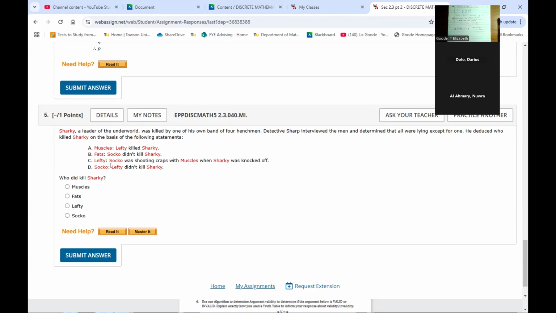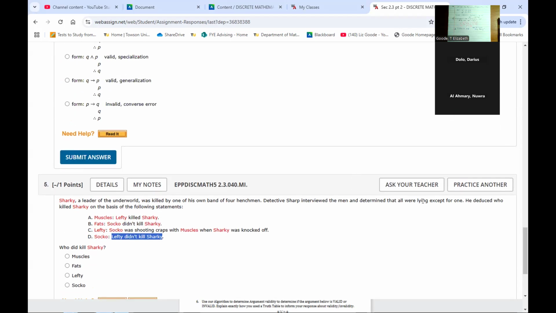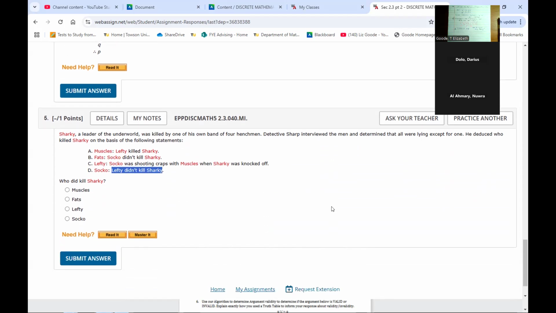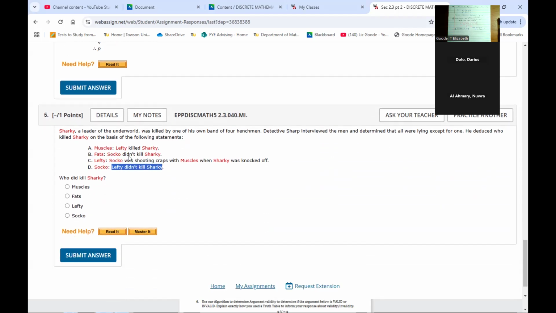Oh no. Yeah, he could be. Because if Lefty didn't kill Sharky is true, if Sacco's telling the truth, then it could be that he says only one of these statements is true, right? Doesn't he say all of them are lying except for one? Yes.